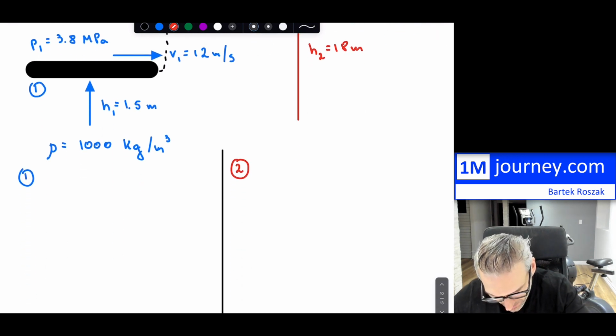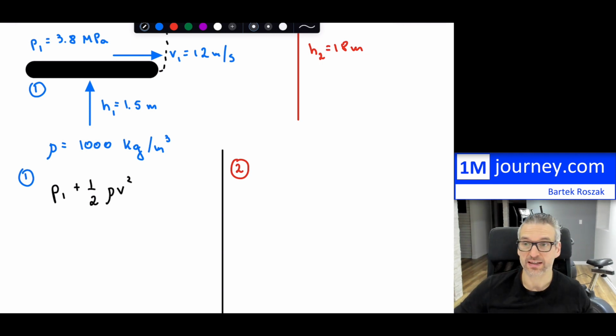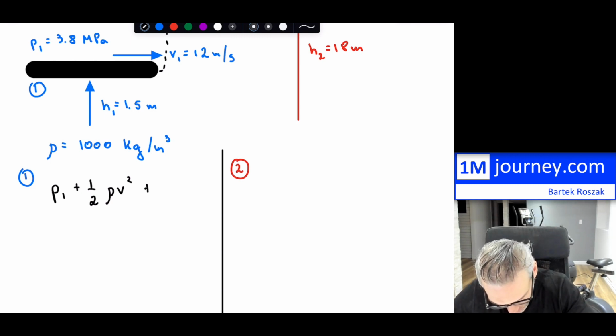Bernoulli's equation tells us that the pressure plus 1/2 of the density times v squared, that's the kinetic energy component, plus the density times g times the height, the gravitational potential energy component.